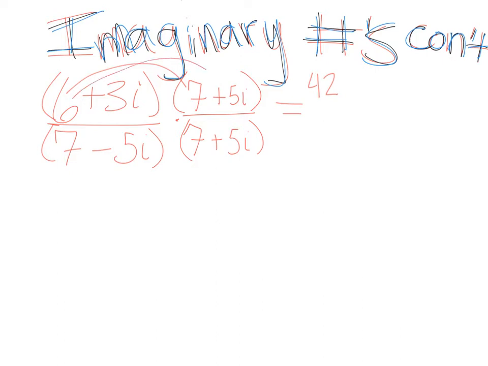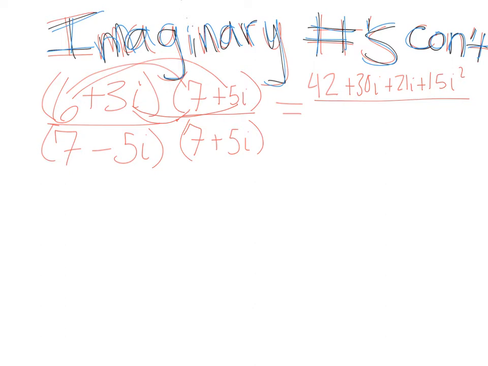So 6 times 5i is going to be plus 30i. Then I do my inner terms, 3i and 7. So 3i times 7 is going to be 21i. And then finally I do my last terms, 3i times 5i. So 3i times 5i is going to give me positive 15i squared.